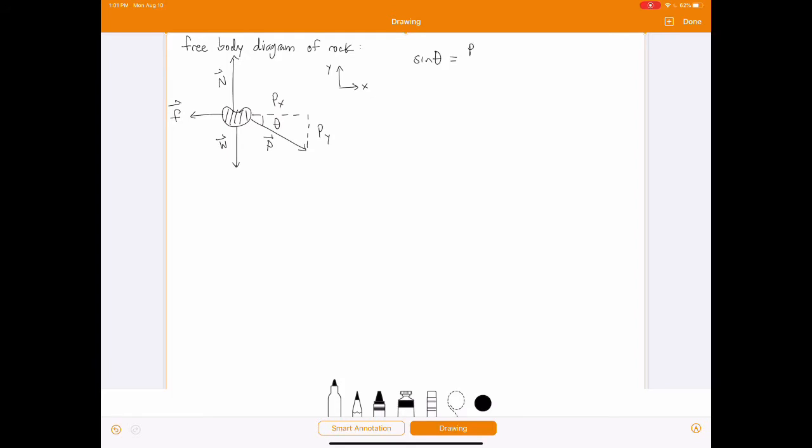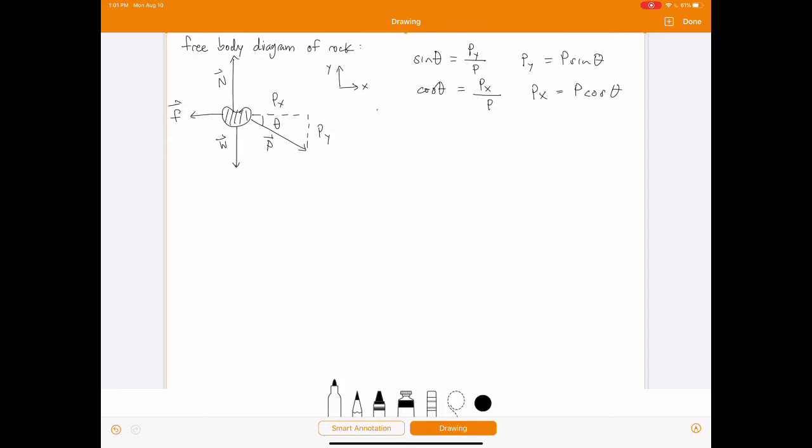In this case, the opposite side is Py and the hypotenuse is P. So Py is P sine theta. That's how we calculate the y component of the force. What about cosine theta? That's adjacent over hypotenuse. The adjacent side is Px over P. Therefore, Px is P cos theta. We're going to need to know that for later, so just have it ready.